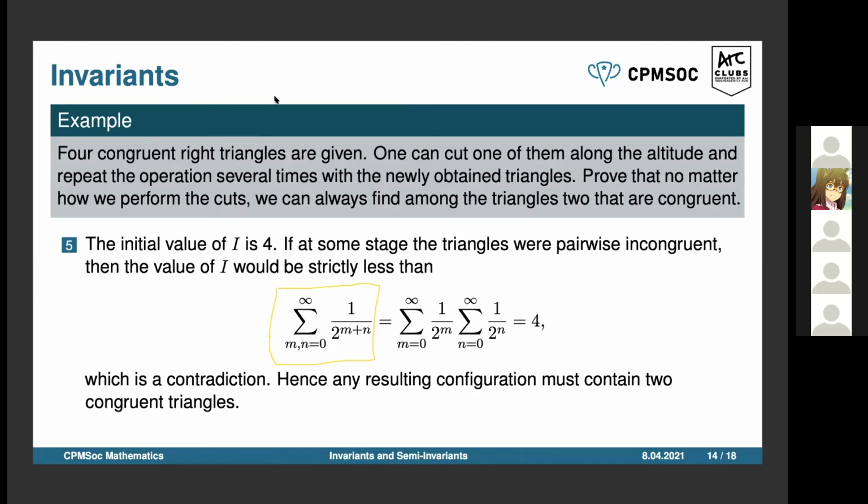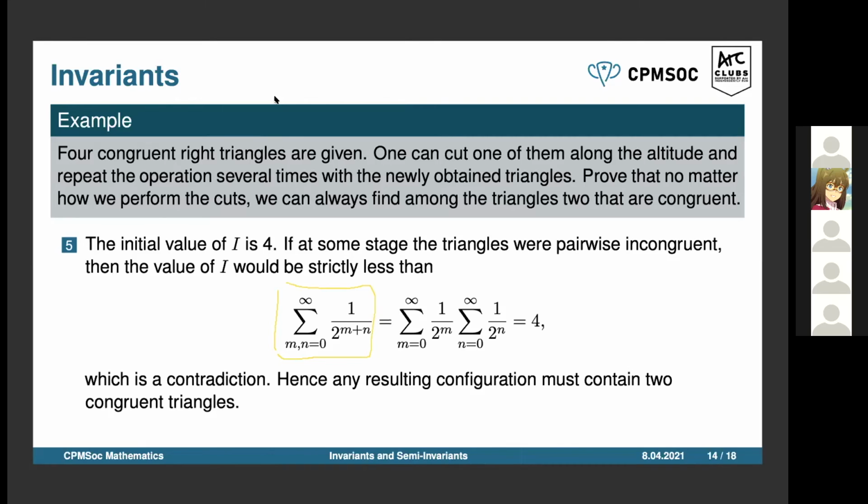That is basically the sum of weights of all the triangles you can possibly get if none of them were pairwise congruent. Because for different M and N values, you will get different triangles. And if you compute this value, you'll get 4.